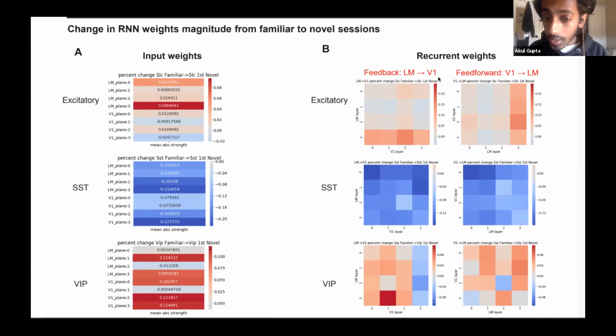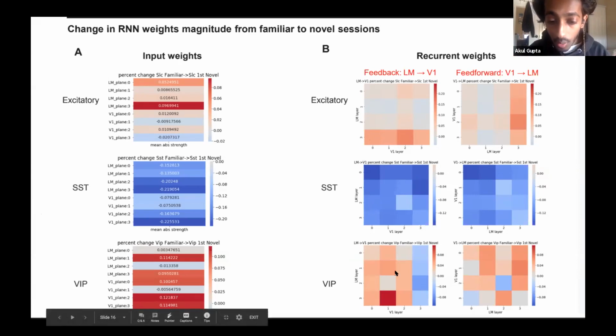First off, in excitatory neurons in the novel session, we're seeing an increase in weights from deep LM to V1 and V1 to deep LM. So mutual connections with deep LM are increasing. For SST, the inhibitory cells, we're seeing an across the board decrease in weights with no particular preference on any plane.